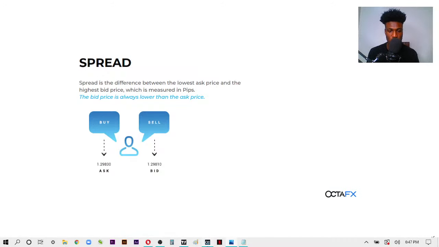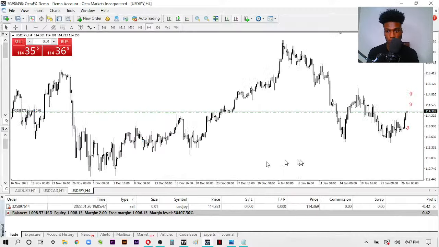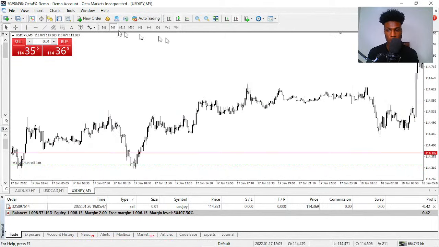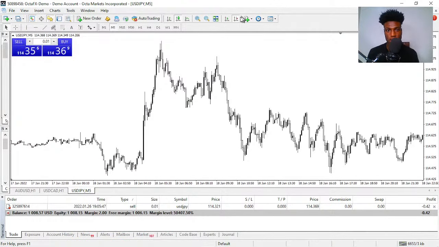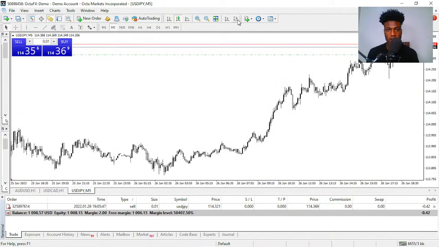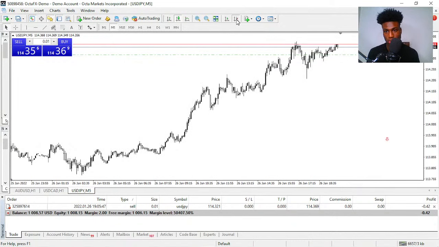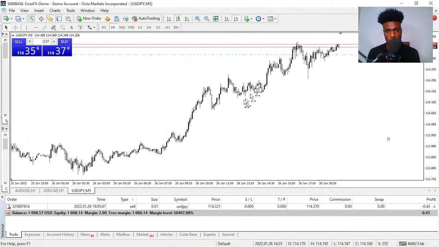Now, if you go to your trading platform, OctaFX spreads are really tight, so you have to go to the lower time frames to actually see the spreads. As you can see, I have two lines here, a red line and a blue line, differentiated by a small gap.